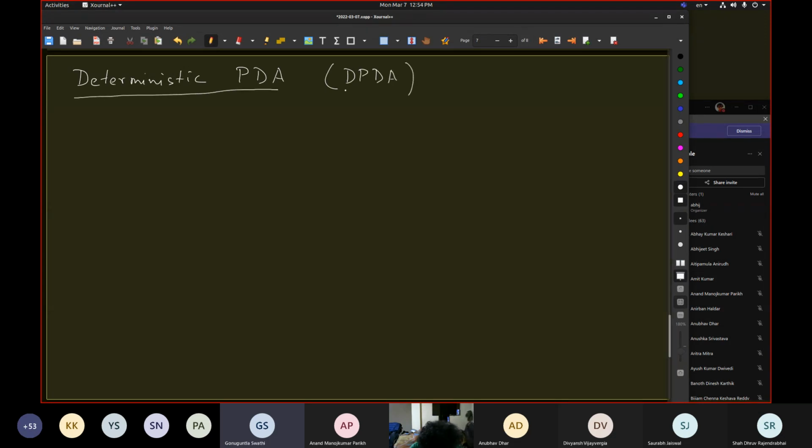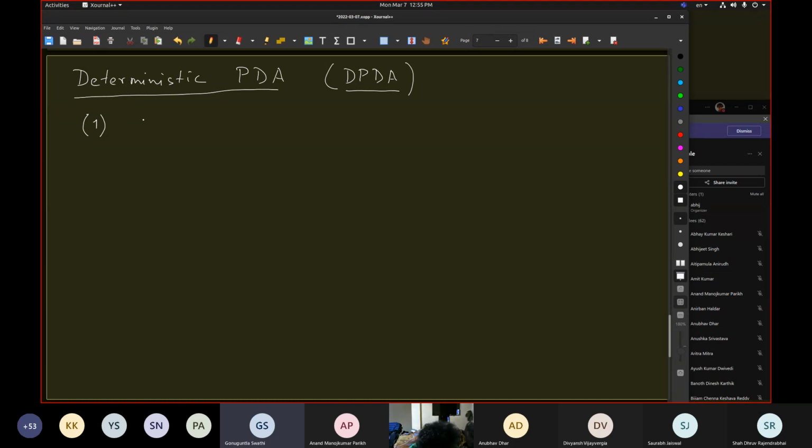a class of PDA which are called deterministic PDA. But unlike deterministic finite automata, we need to have formalities because there is a stack.